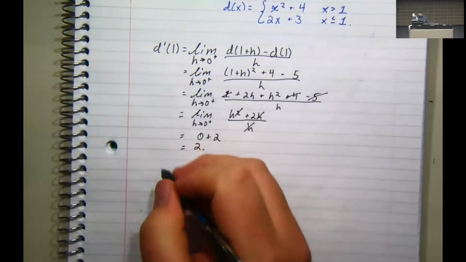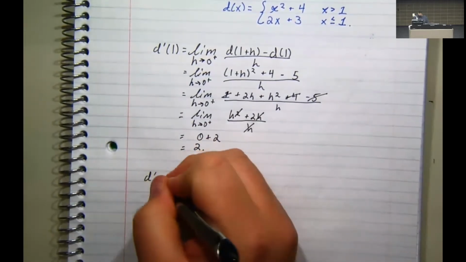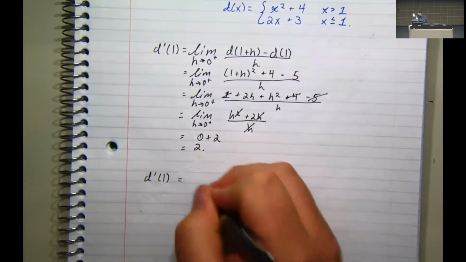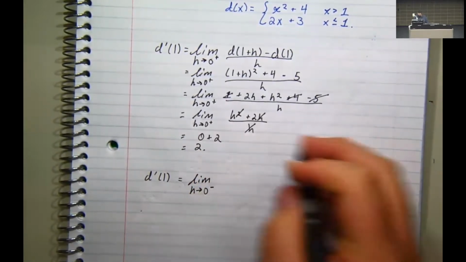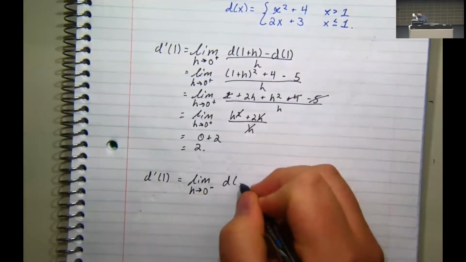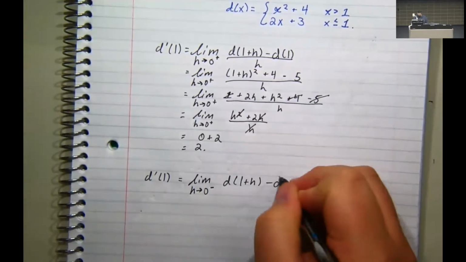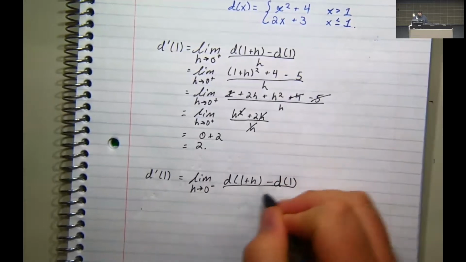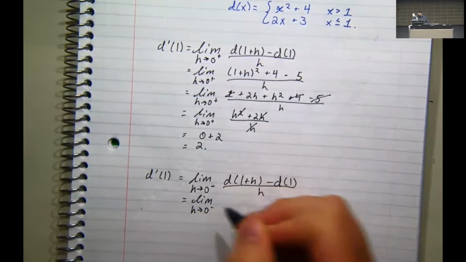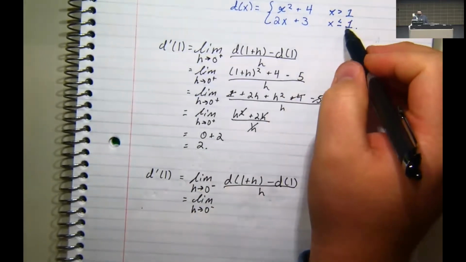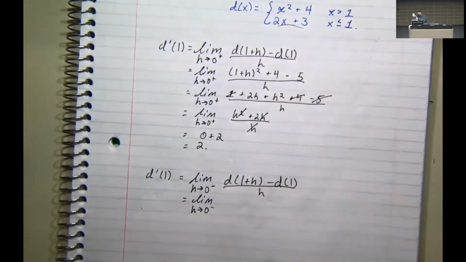And now from the other side, d prime at 1 equals the limit as h approaches 0 from the negative of d(1 plus h) minus d(1) over h. Since we're coming from the left, we use this function.